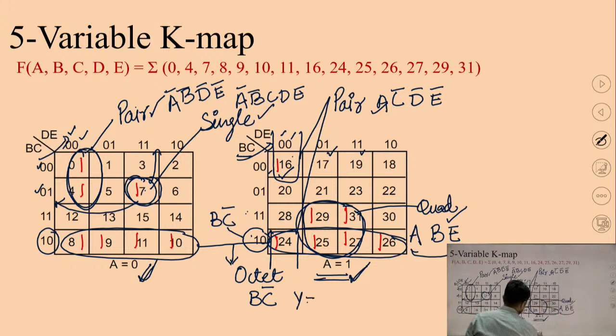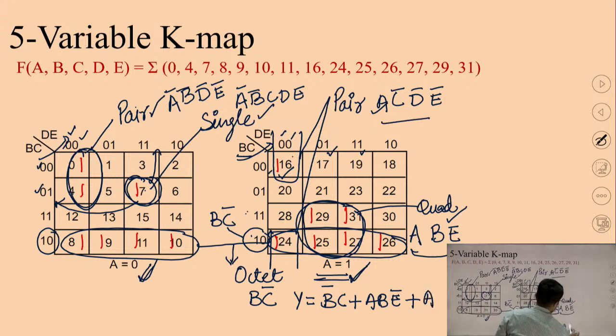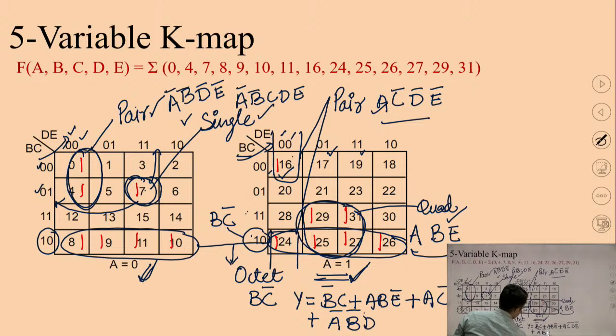So Y will be equal to B bar C plus this A B E complement, then this one A C bar D bar E bar plus this one A bar B bar D bar E bar, and then this one last one A bar B bar C D E. Okay, so this is the final answer. Okay, so in this way we can write answers for 5 variable K map.